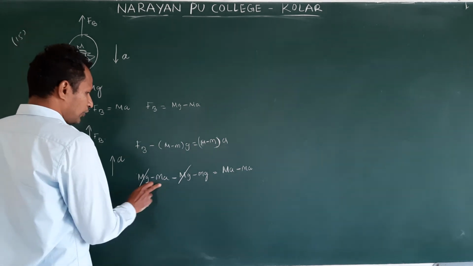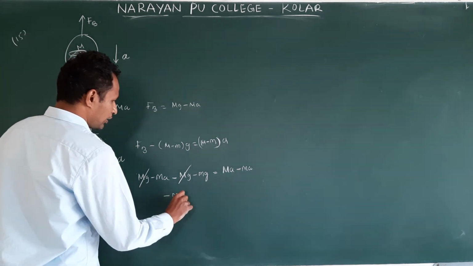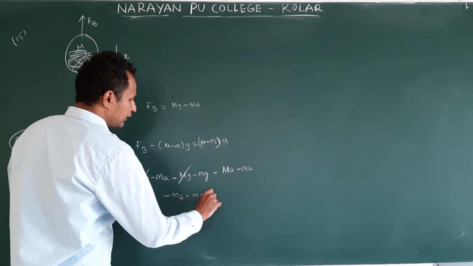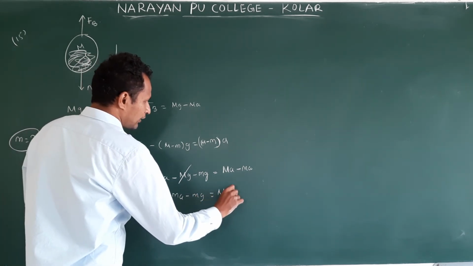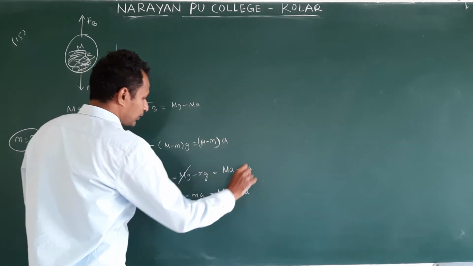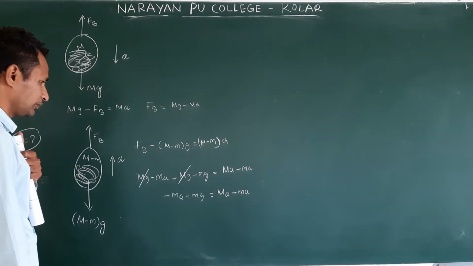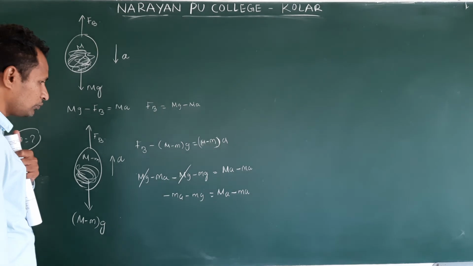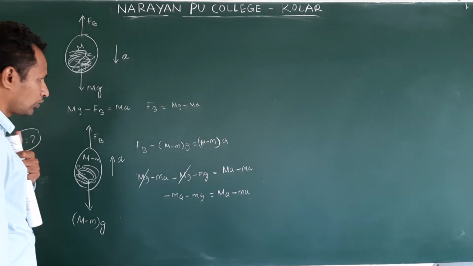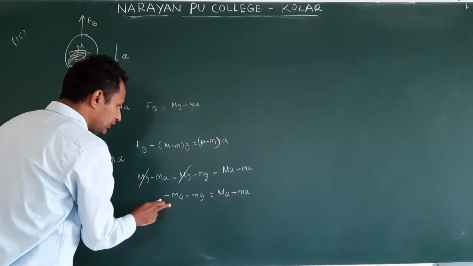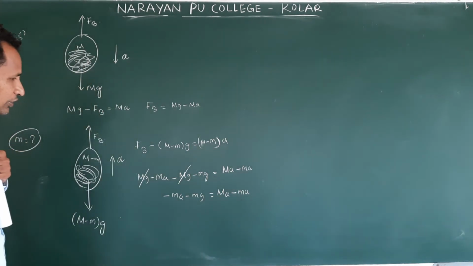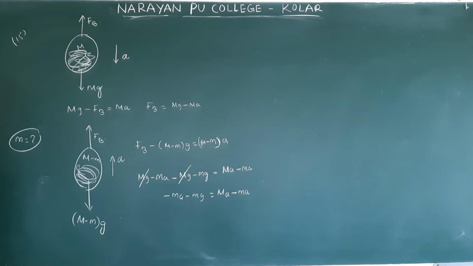Okay, what do we have here? Minus Ma, minus mg, capital Ma, small ma. They are asking for small m. So I will write here. Again, the small ma comes to this side. This will be cancelled. Mg is equal to ma. They are asking for small m.